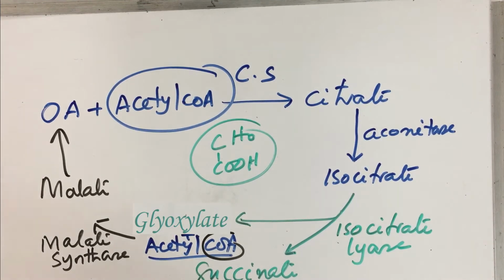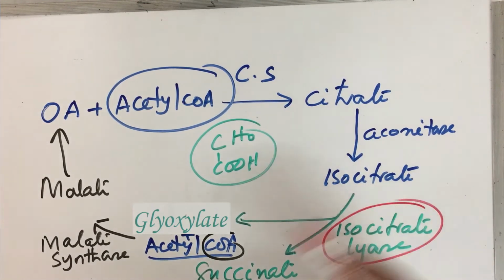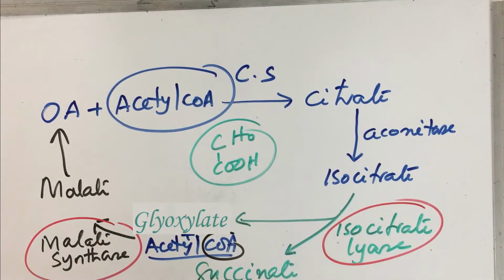What is important for us to remember is that we are introducing two new enzymes. One is isocitrate lyase, another one is malate synthase. With the help of these two enzymes, acetyl CoA is converted to glyoxylate, instead of being converted to two molecules of carbon dioxide, and then combined with another acetyl CoA, and this cycle continues.